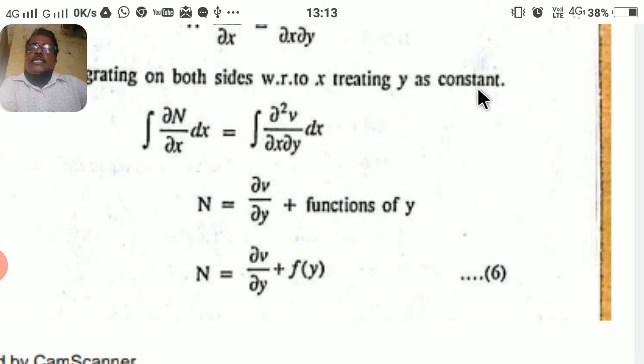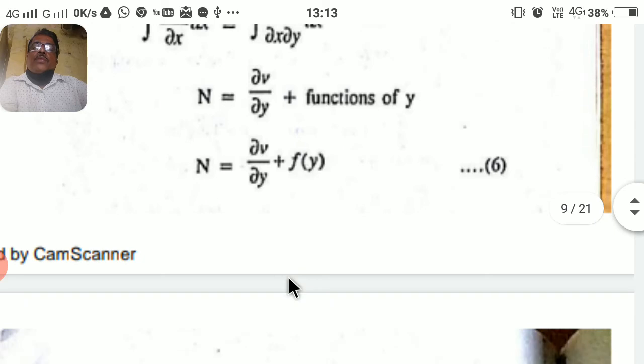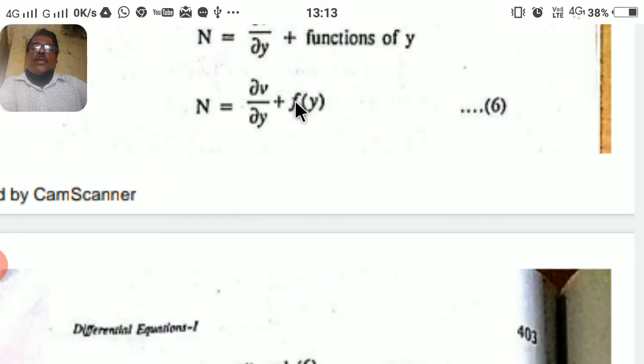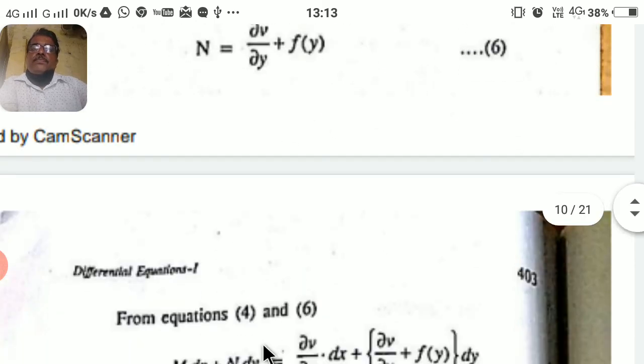As y is treated as constant, let us take this as a function of y. So n is equal to ∂v/∂y plus f of y. Function of y means f of y. Y is treated as constant, so f of y is also a constant. So n is equal to ∂v/∂y plus an integration constant.